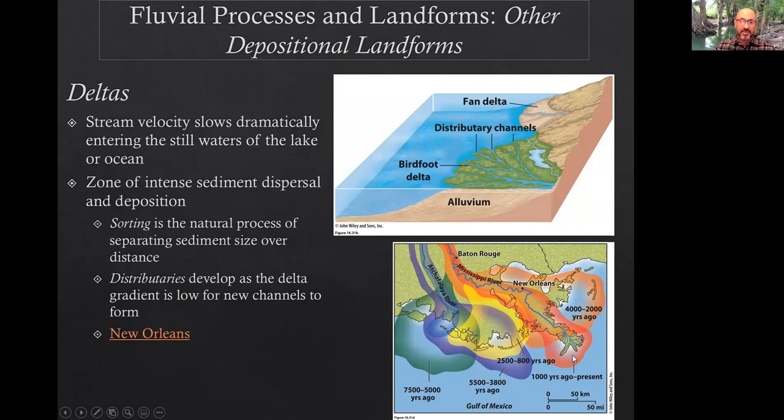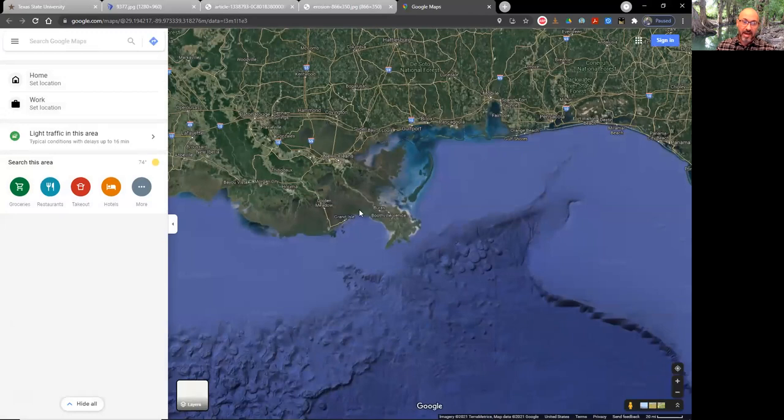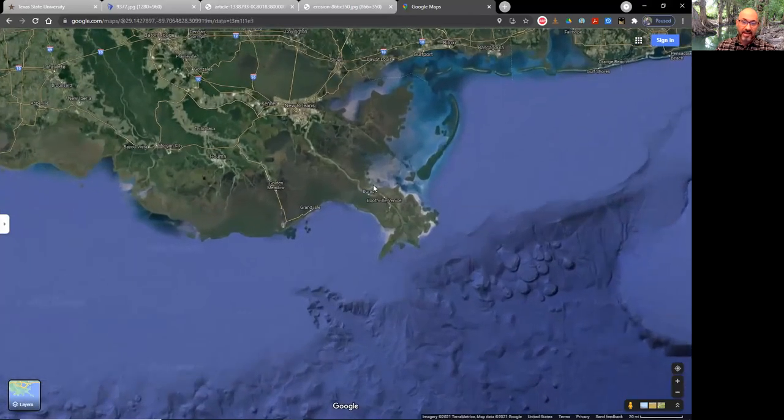Now, over time, the Mississippi River has changed course and deposited its bedload in different parts of the Gulf of Mexico. Right now, we're used to seeing the Mississippi River go right through New Orleans and out into the Gulf. Here's a Google map of it. You can see that all this land is pretty new as of a couple hundred years. But before that, if you look up north, you can see the very remnants of an old delta that used to be deposited here.